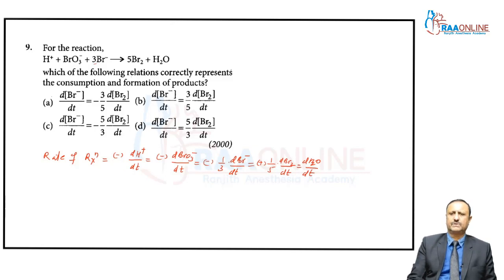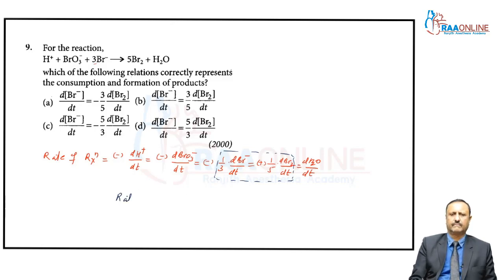Here you can see dBr minus upon dt and dBr2 upon dt, only these 2 relations are present in all the options.